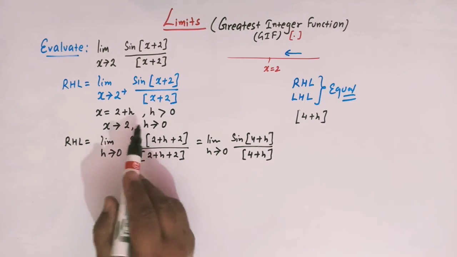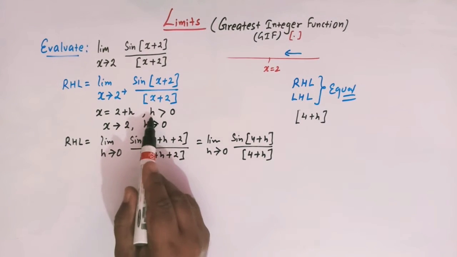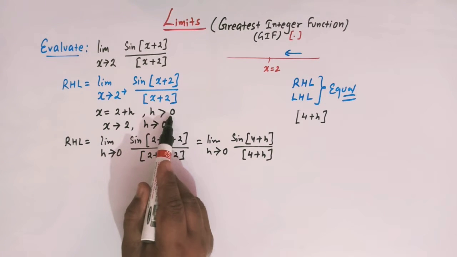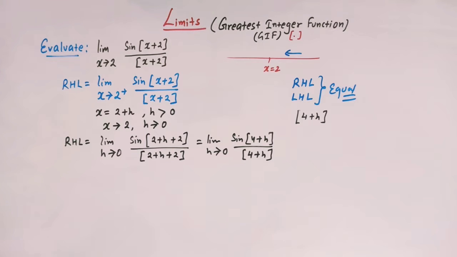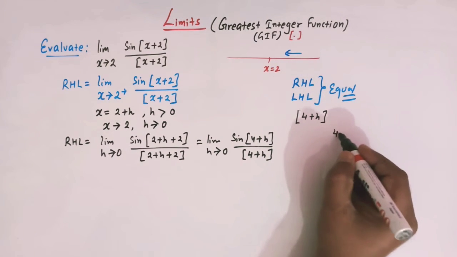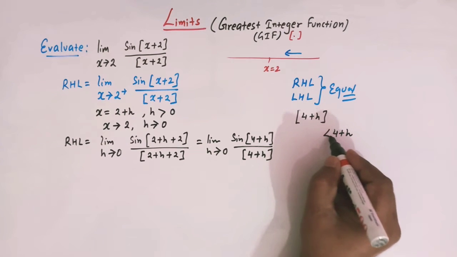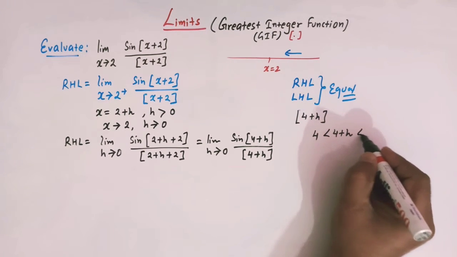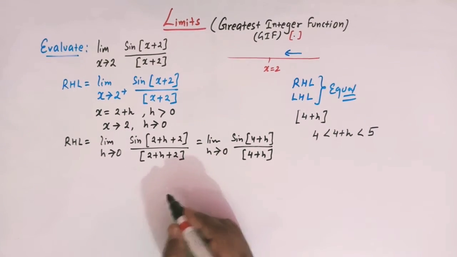As we have just said, h is greater than 0 and h is a very small quantity. So when h is added to 4, 4 plus h is slightly greater than 4 but it is less than 5. Why?